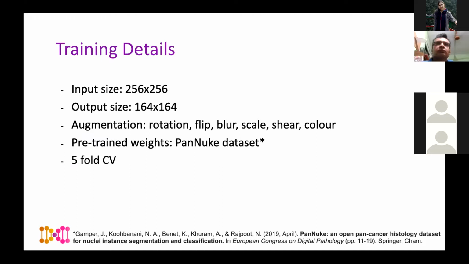The PanNuke dataset is a large dataset for nuclear segmentation and classification, and we thought it would be better to use this for pre-training than ImageNet because it's more specific to the problem at hand. And for 5-fold cross-validation, we ensured that when we split the data, we split it on a patient basis.